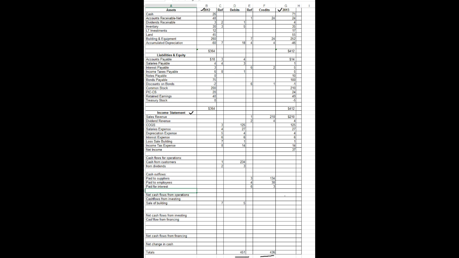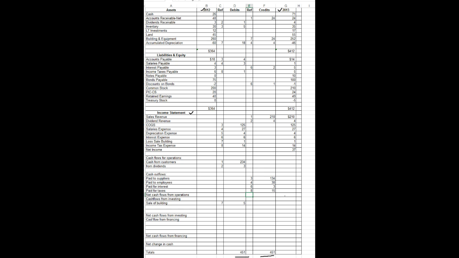So paid for taxes must be the sum of those two. Paid for taxes is 1 and 14 or 15, and I am on transaction number 8. How did I do? Still in balance, and I've recorded the transaction for income tax expense.